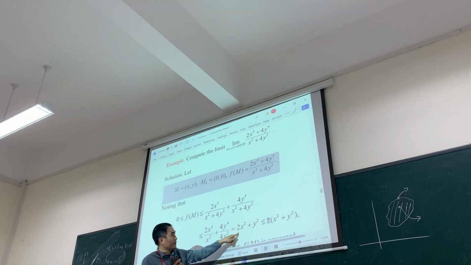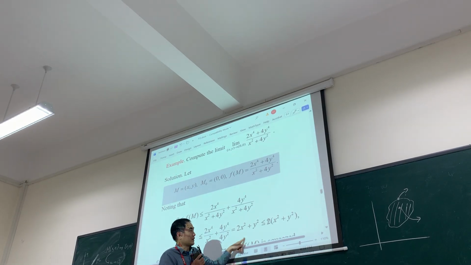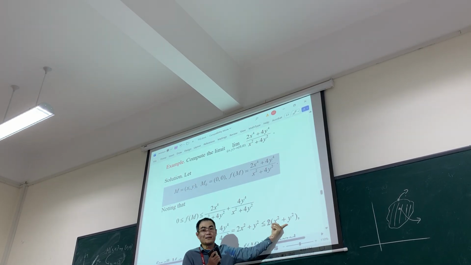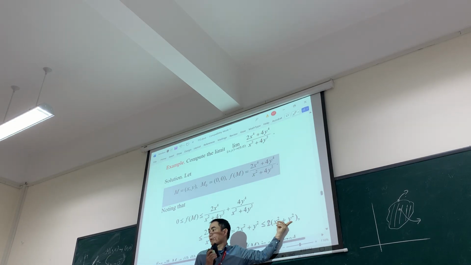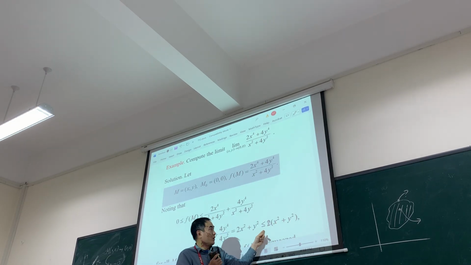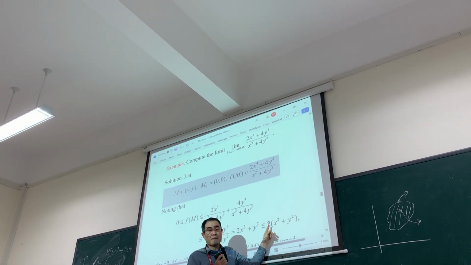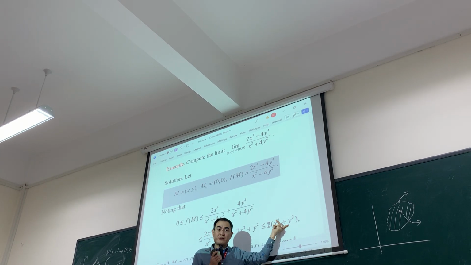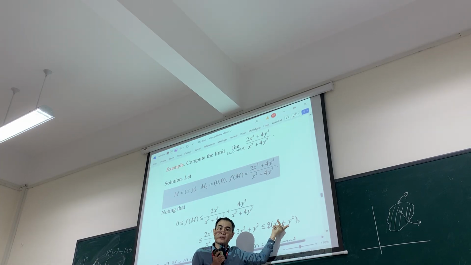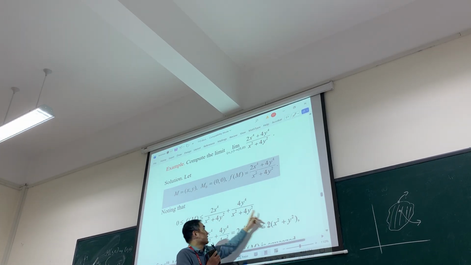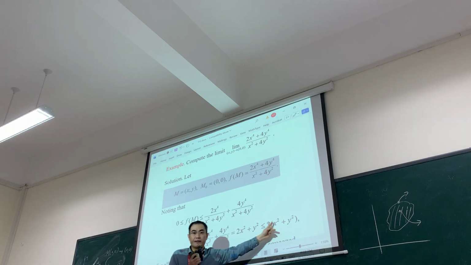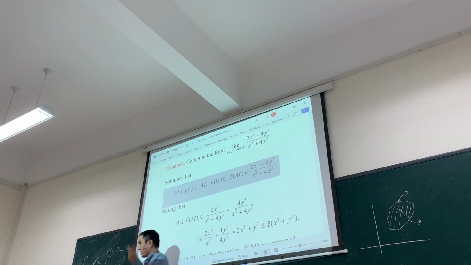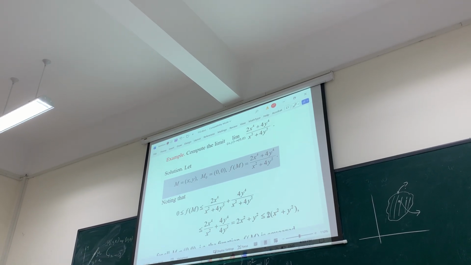The dividend here is equal, so we can estimate the value here less than 2(x squared plus y squared). We need to express the sum by x squared plus y squared, because when M tends to M0, we need the sum to tend to 0. So we squeeze the function f between 0 and this. You can write down before we finish the solution.